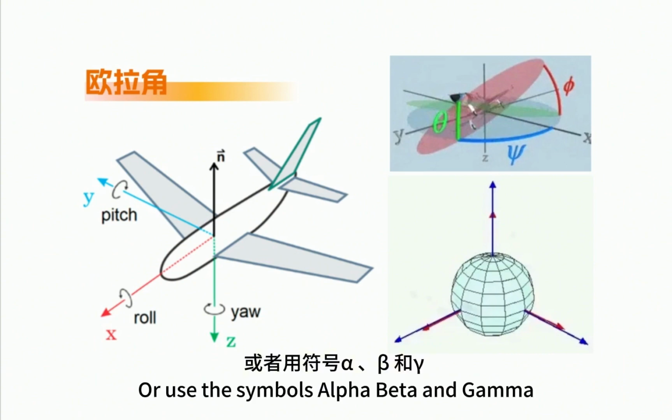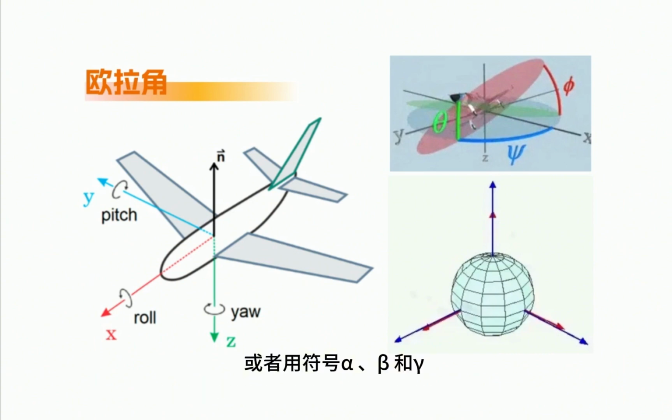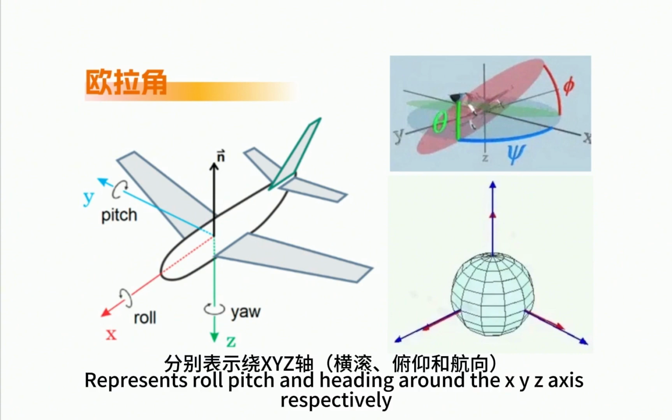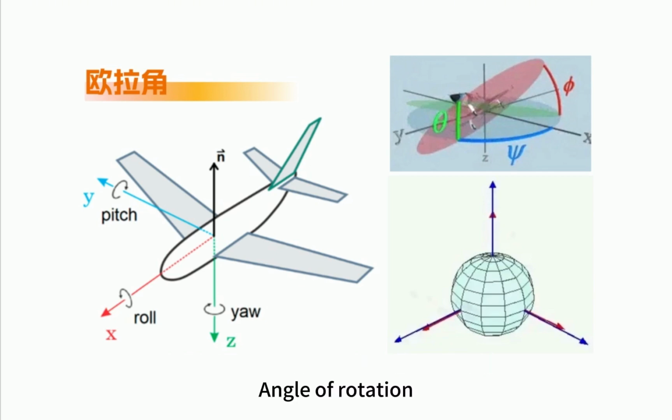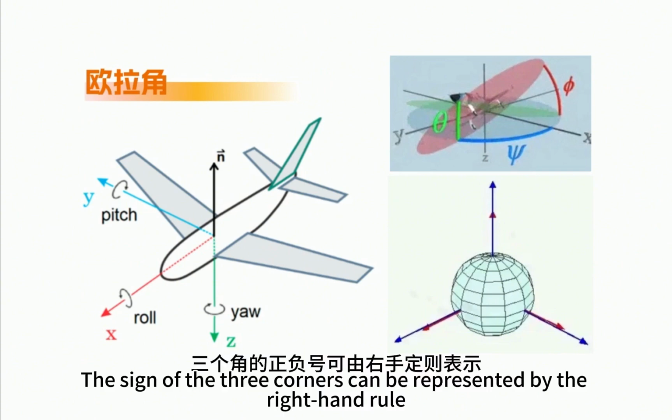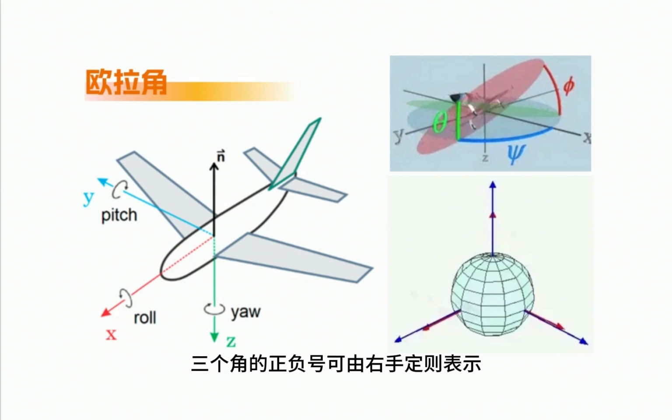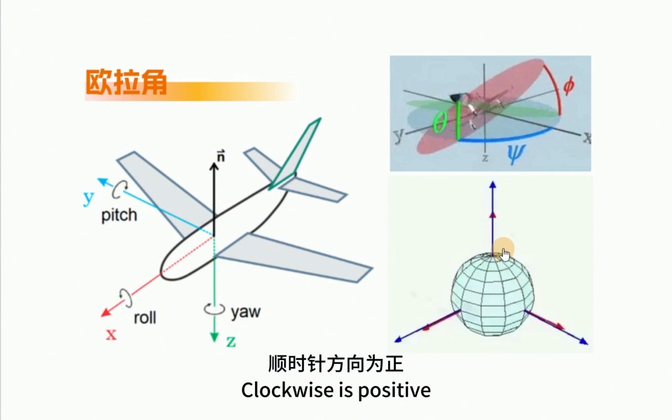Or use the symbols alpha, beta, and gamma to represent the angles of rotation of roll, pitch and heading around the XYZ axes respectively. The sign of the three angles can be determined by the right-hand rule. Counterclockwise is positive.